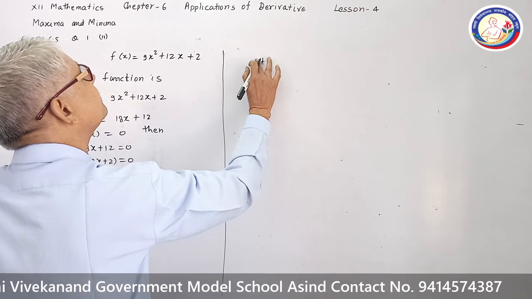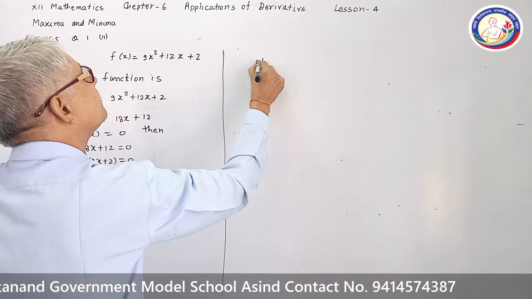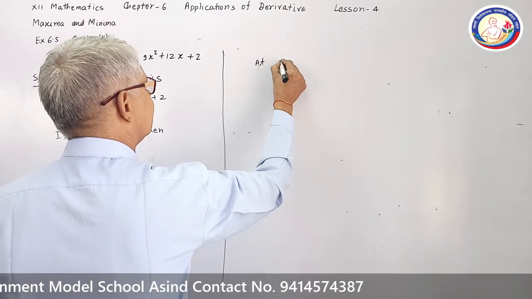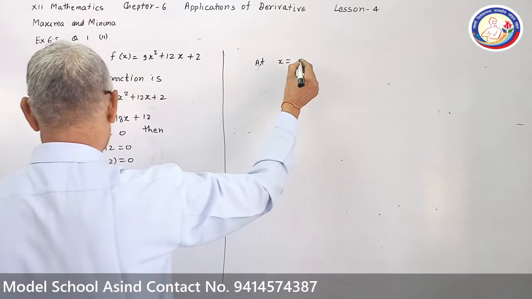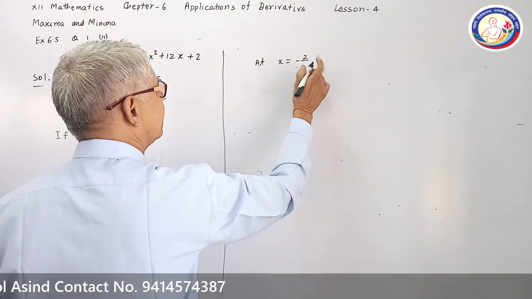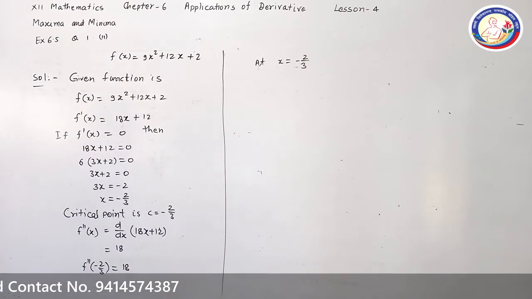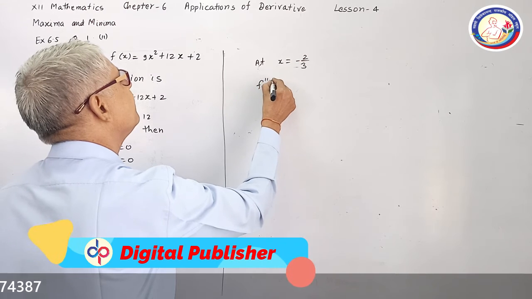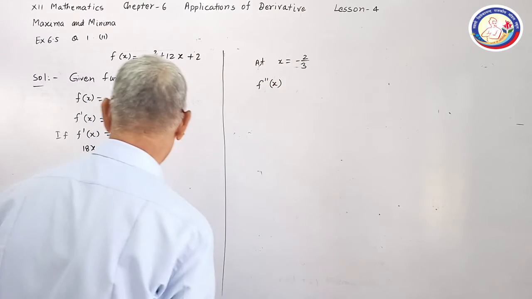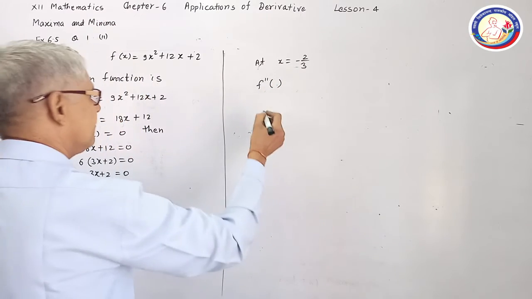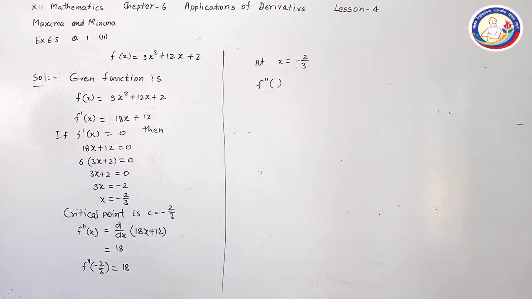At x equal to minus 2 by 3, that is c, the critical point, the value of the second derivative is 18, and it is positive.